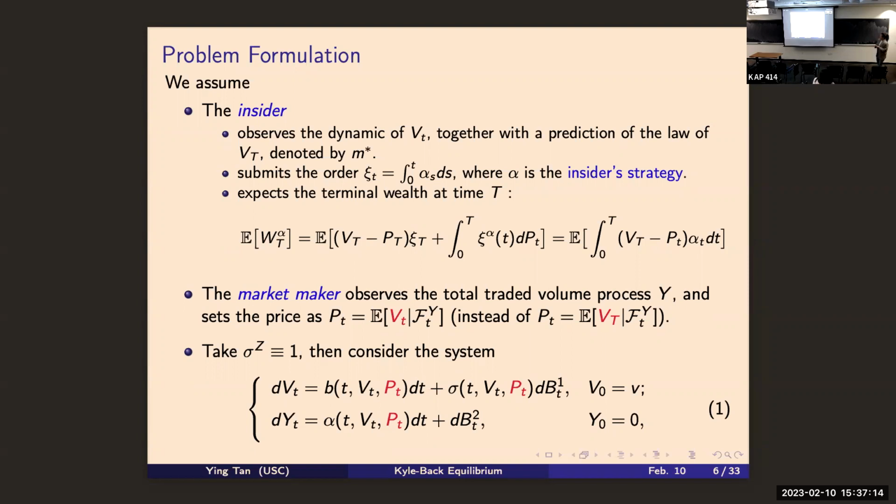And the last one: for simplicity, we just take sigma Z to be 1, so the order submitted by the noise traders is just the Brownian motion.